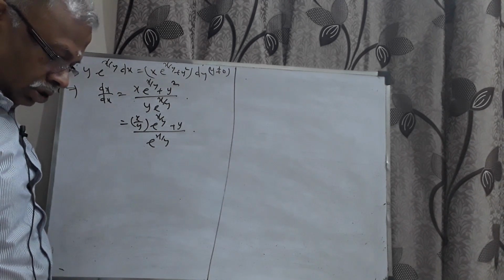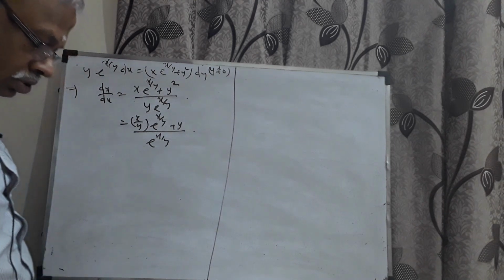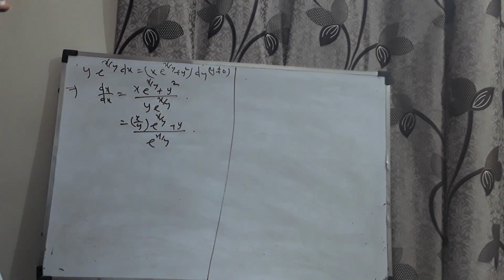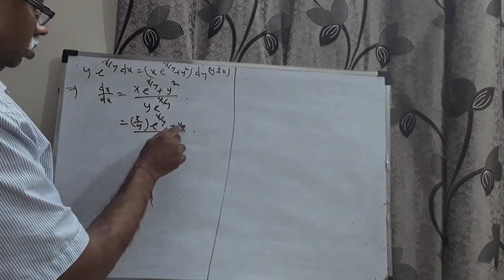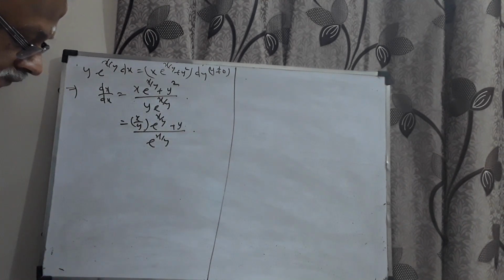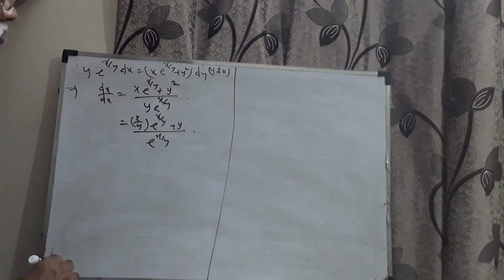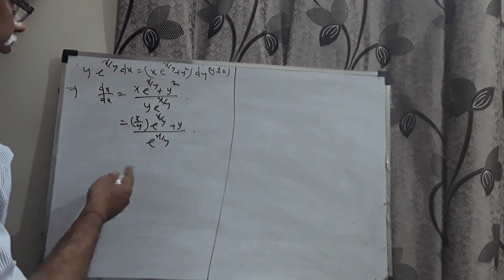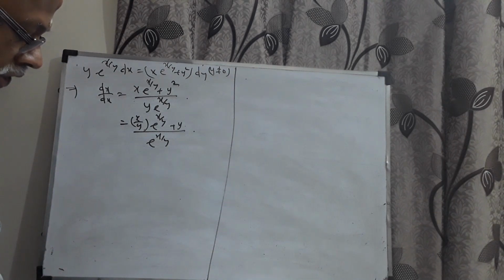One second, there is some problem here. x by y... y e^(x/y) dx is equal to (x e^(x/y) + y²) dy, y not equal to 0.